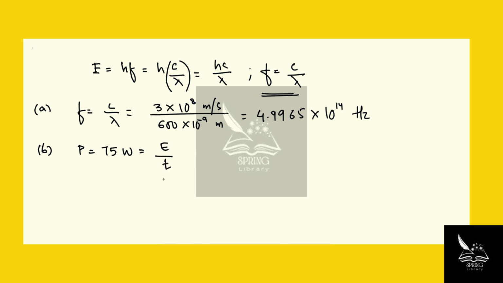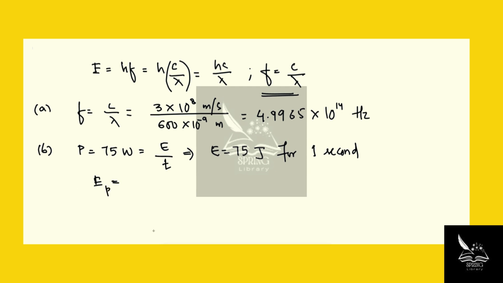So, if power is 75 watts, this means that the energy is 75 joules for every second, or for t equals 1 second. So for that amount of time, let's find E.